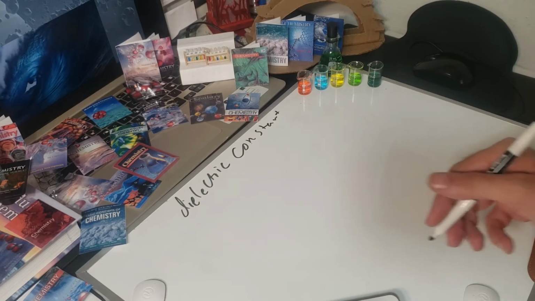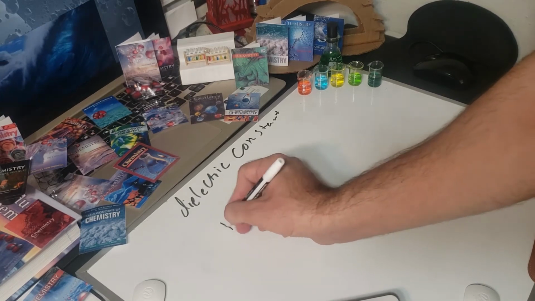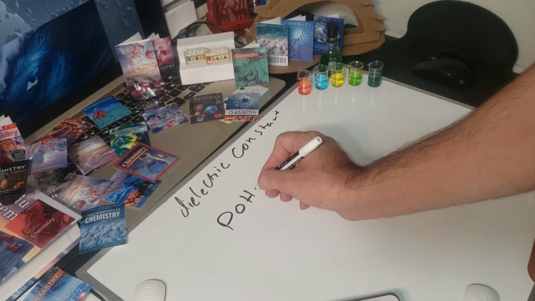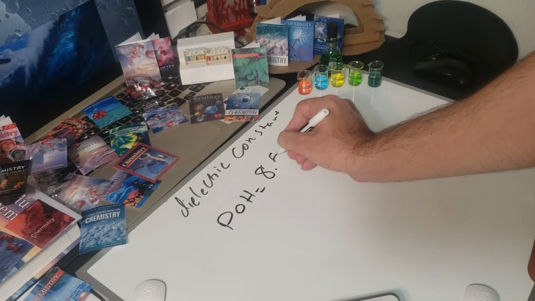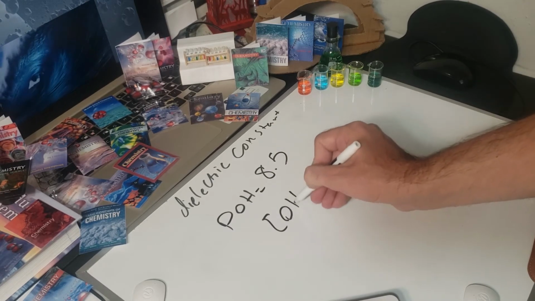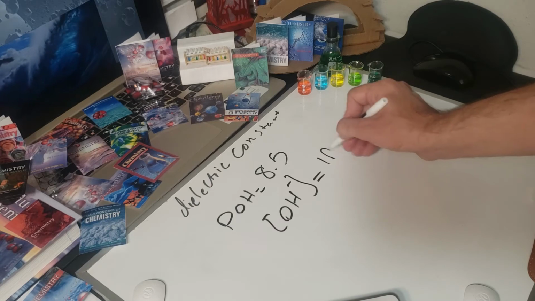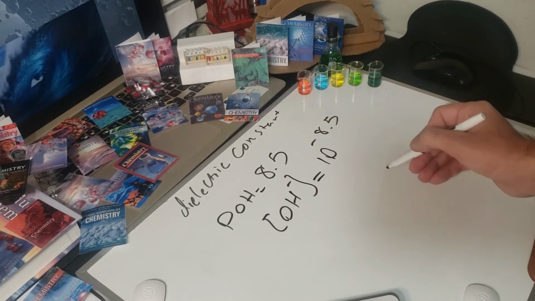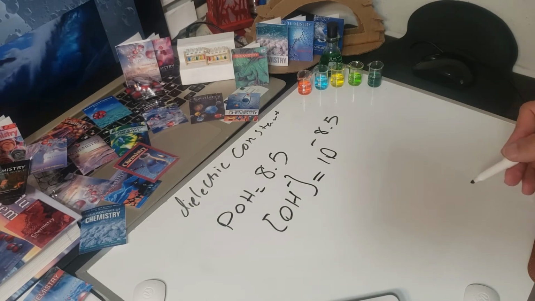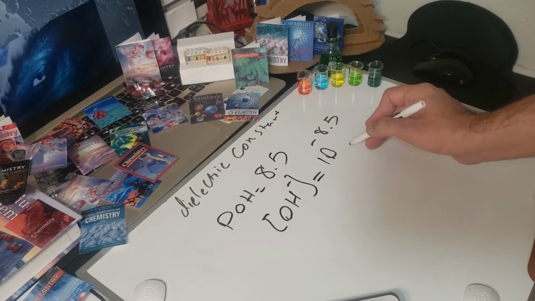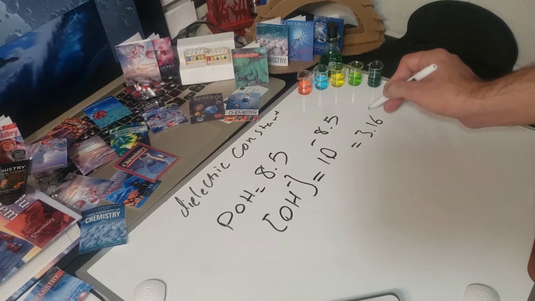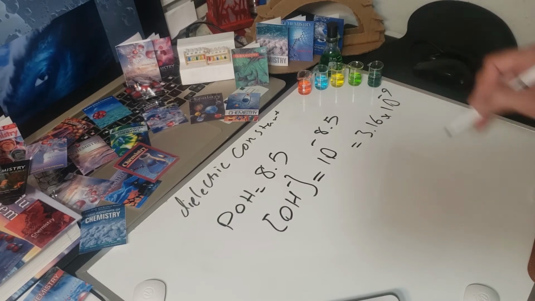Let's also do the pOH of 8.5. The concentration of OH minus would be 10 to the minus 8.5, and that will give you 3.16 times 10 to the minus 9.